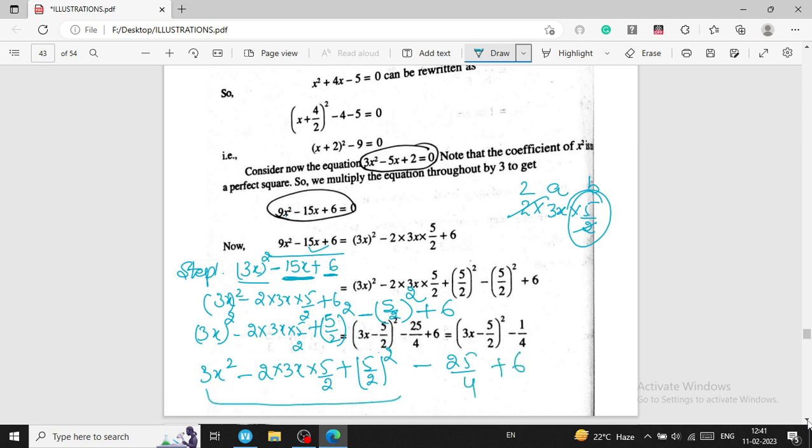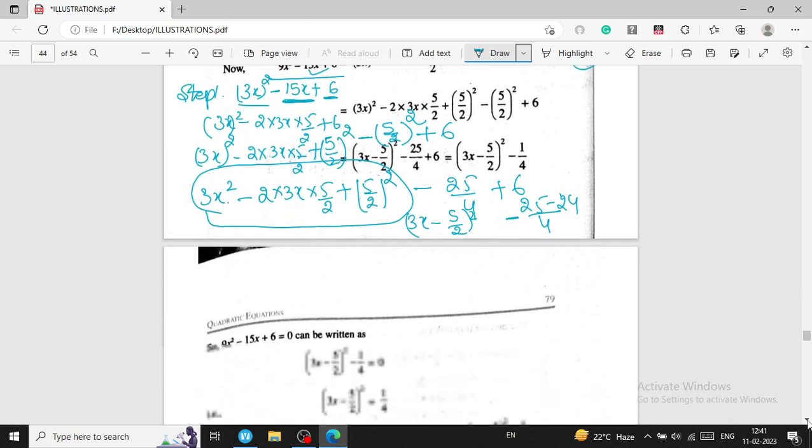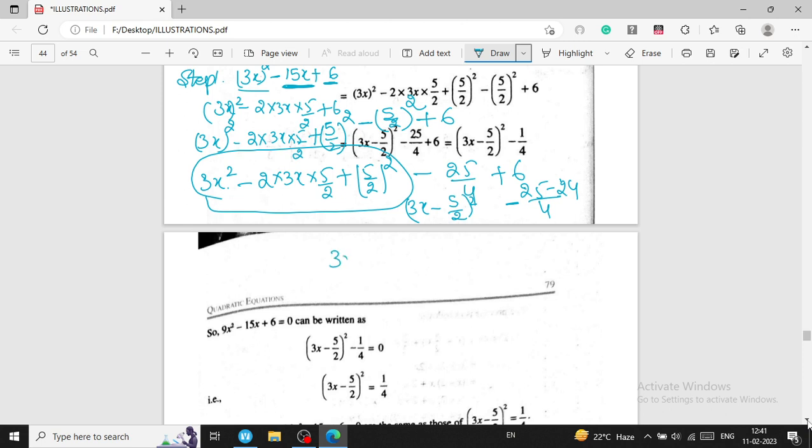Now you can put directly the a square minus 2ab plus b square formula, that is (a minus b) whole square: (3x minus 5 over 2) whole square minus, and take LCM for 25 minus 24, 6 fours are 24. Now you can see (3x minus 5 by 2) whole square minus 1 by 4.